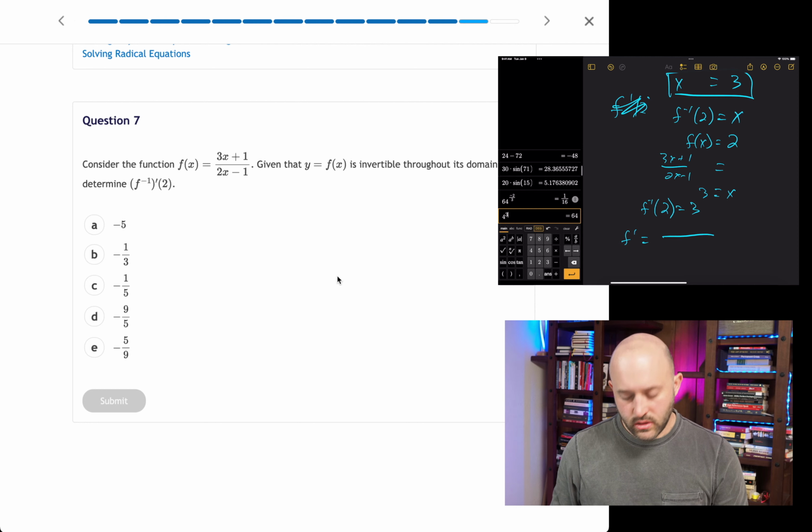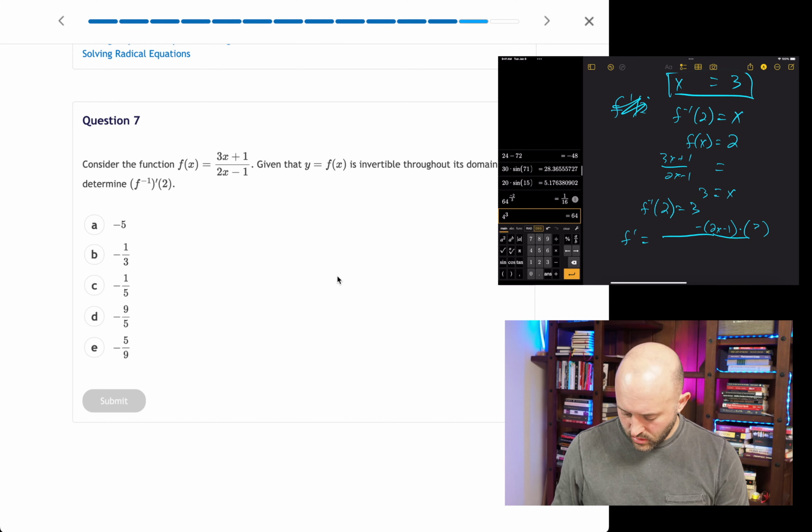It's minus 2x times 3 over (2x minus 1) squared as low d high, so it's high d low, so it starts off with 3x plus 1 times d low, which is 2.